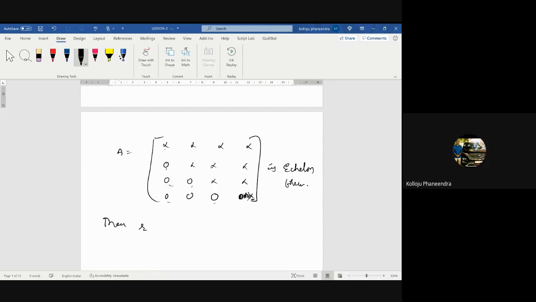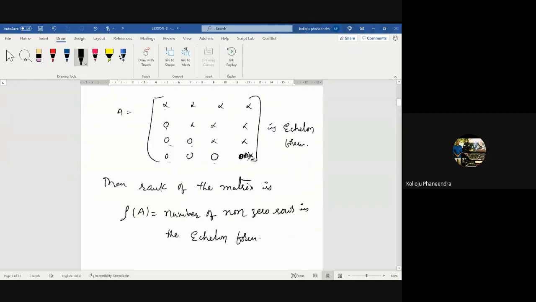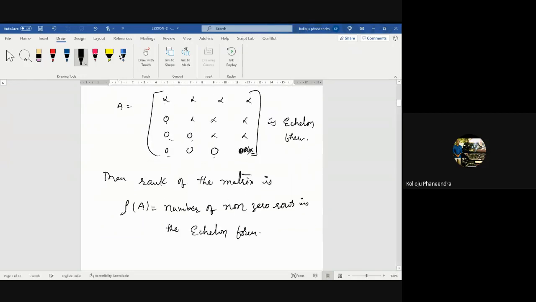Then the rank of the matrix, rank of A, is equal to the number of non-zero rows in the echelon form. Non-zero rows means the row having at least one non-zero value.